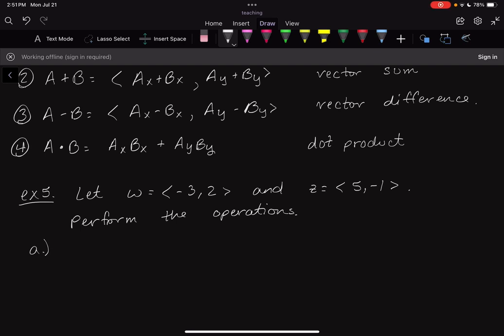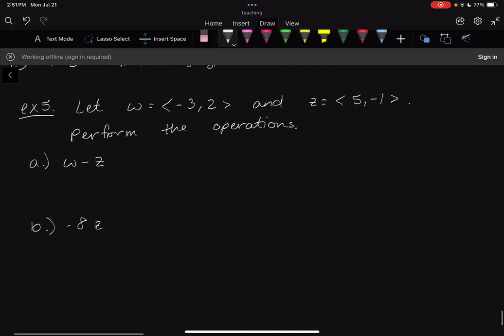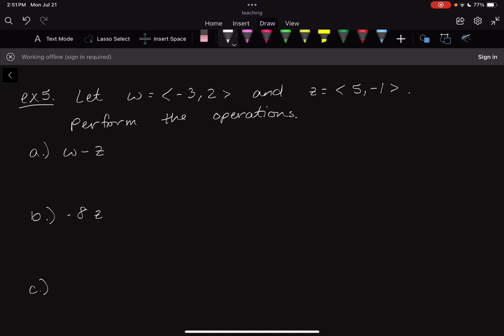For part A, we're going to do W minus Z. For part B, we're going to do -8Z. For part C, we'll do 3W plus 4Z. And we'll just work with that for now. I do have a part D that I want to do. I want to do a dot product one, but we'll go ahead and work with these first.